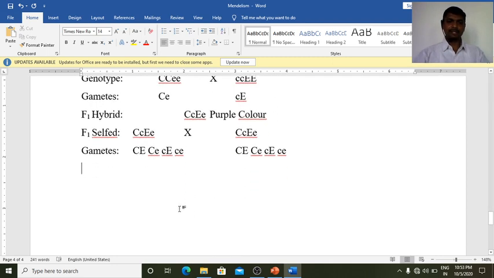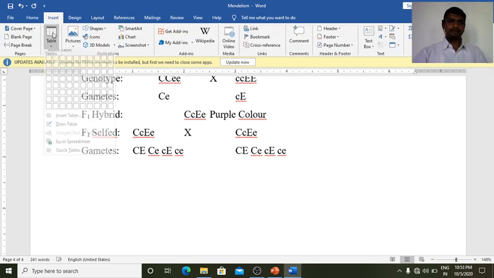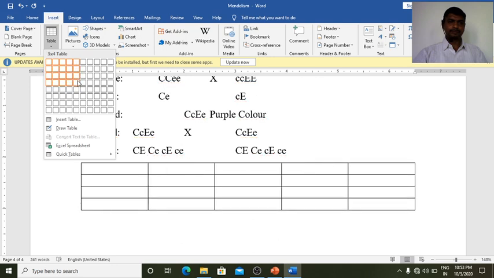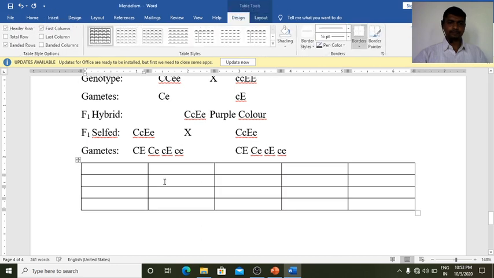So these gametes are fused with one another to produce 16 different individuals. If you take a table, draw the table. Here these are the male gametes: capital C capital E, capital C small e, small c capital E, small c small e.